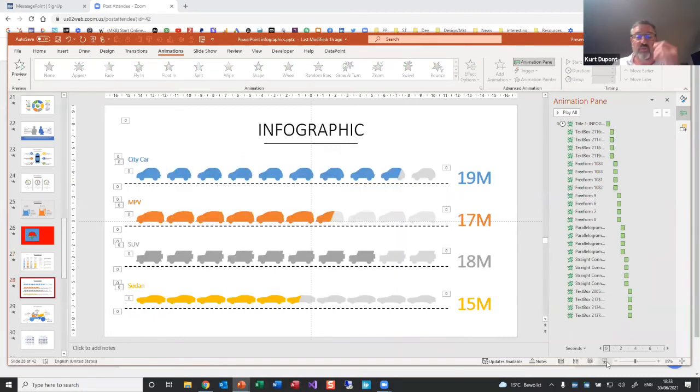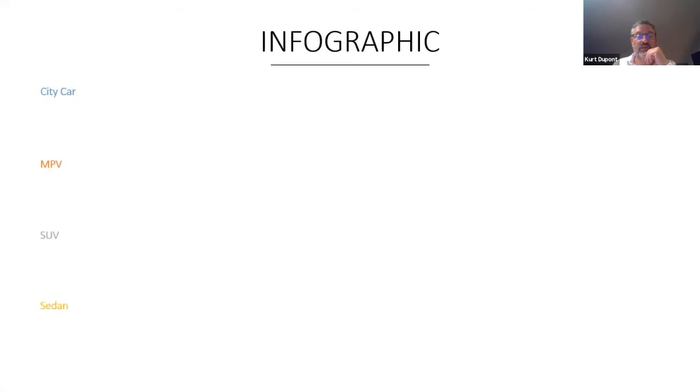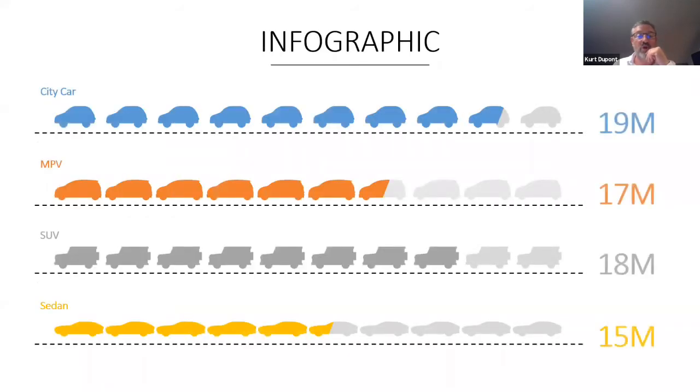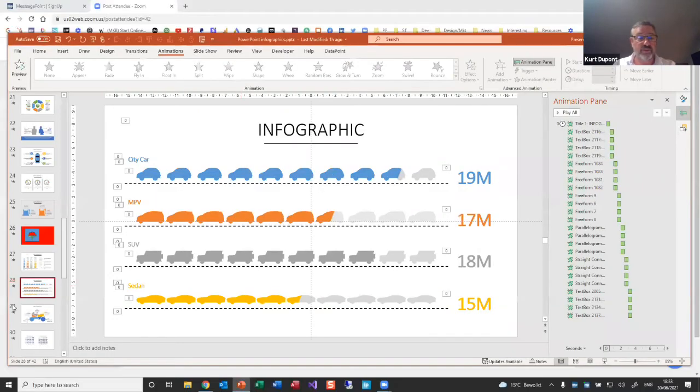Okay, let's move on. Here is another example. Let's have a look at the animation. It's again about cars, but this is different. Here we have, and this is an interesting setup, just the 10 gray cars, and then you have another shape, cut out just like that 3 example there.